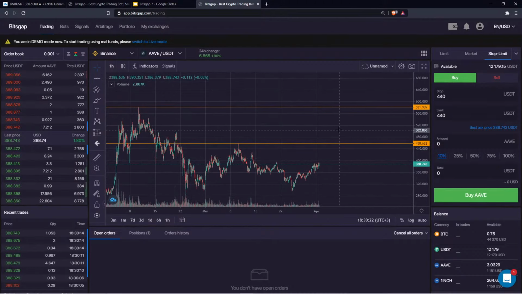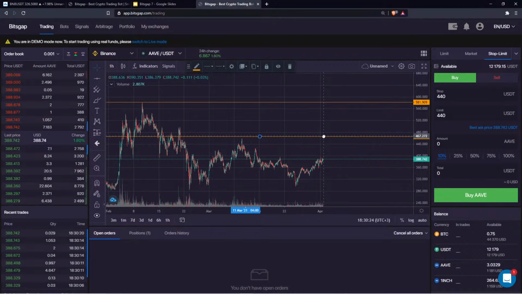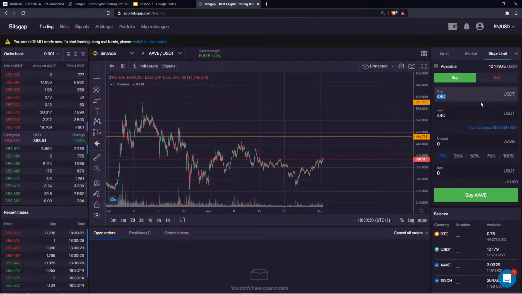So you want to enter your long position only at the breakout of this price level. That's why you use the stop limit, set it at 464, and set the limit at 464 as well. Only then will you enter the market with your limit buy order. That's what makes the stop limit different from an ordinary limit buy or limit sell order.